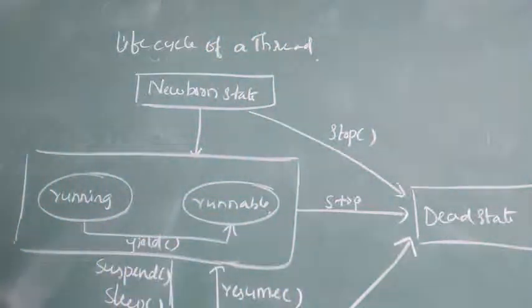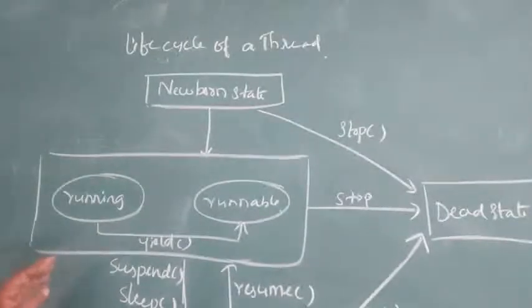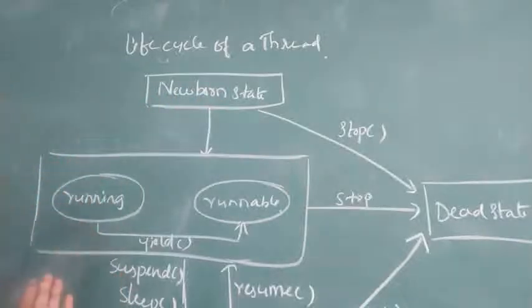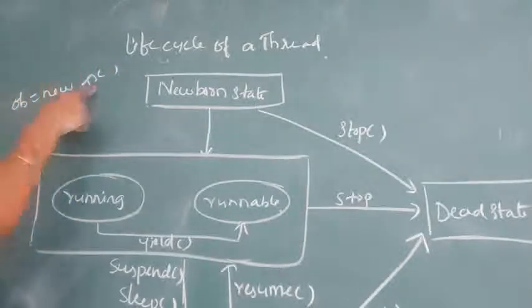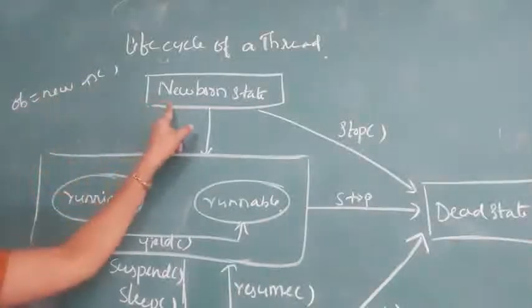So in the exam you need to draw this and explain each and every method of the thread life cycle. Newborn state: when a thread is created, for example when you create an object like A ob = new A, the thread is created and is in a newborn state.